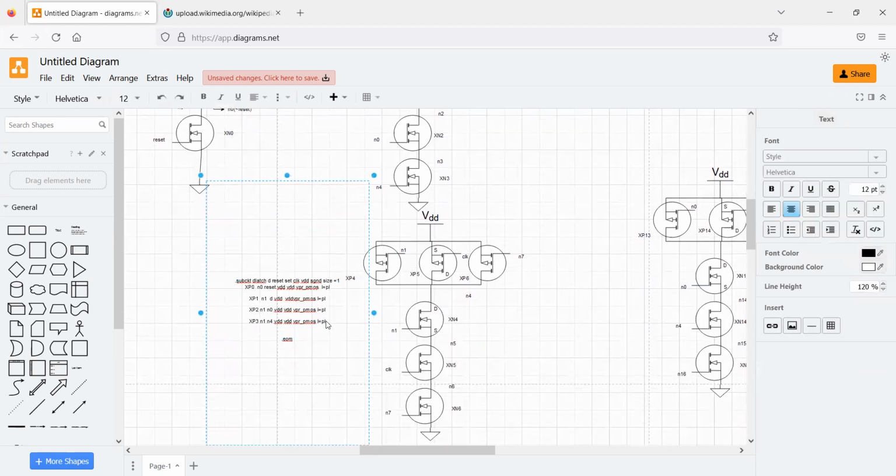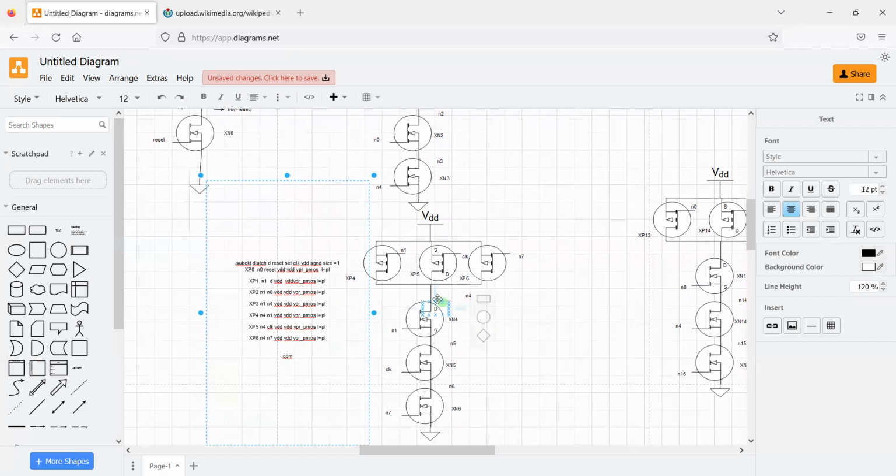So we have here XP4, XP5, and XP6. As described before, we have the node 4, then it goes to N1, so drain, source, gate, drain, gate, source, VDD.